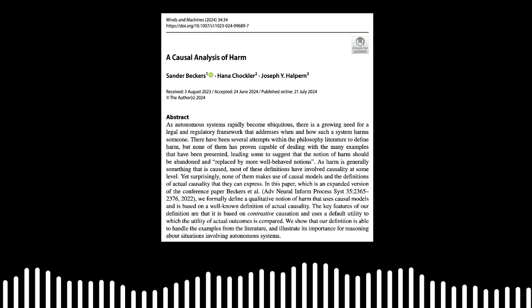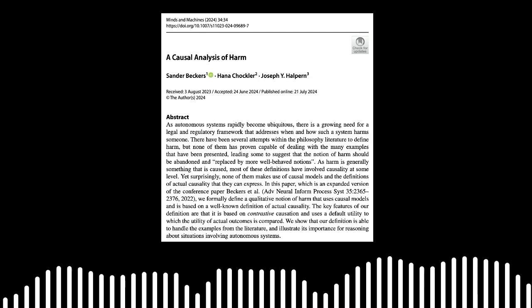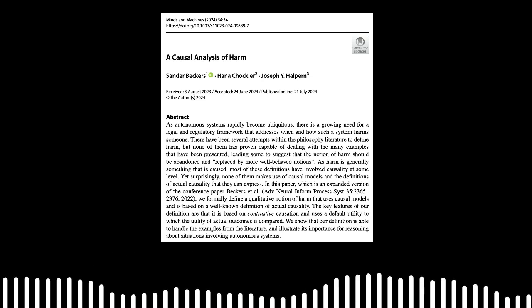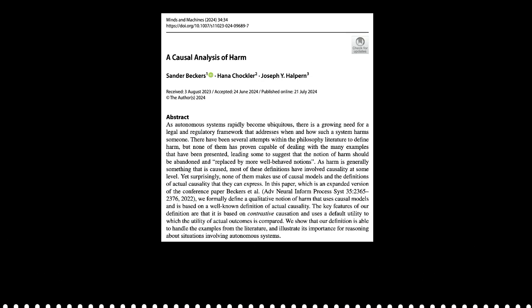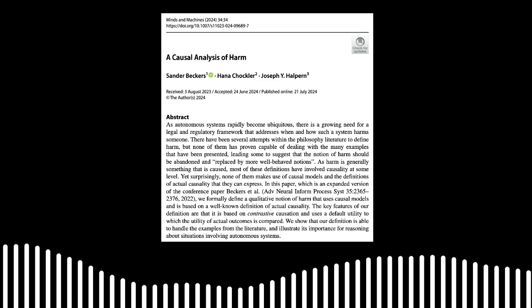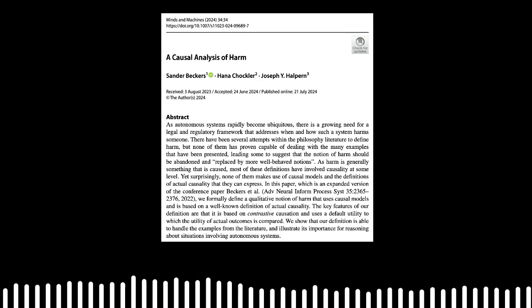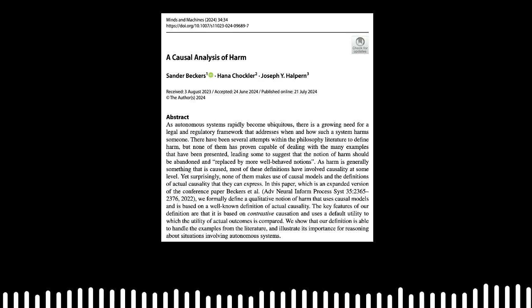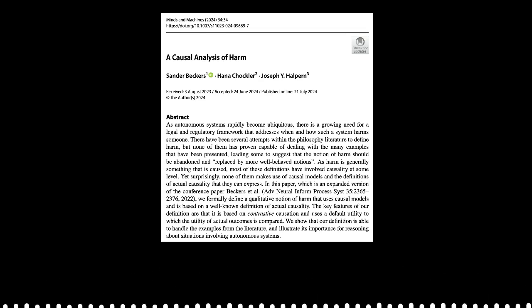So how does this new definition with its fancy causal models and a default utility help us make a more sensible judgment? Well, by forcing us to ask what level of well-being Robin is actually entitled to in this situation. Did he have a legitimate expectation of receiving those golf clubs? I see what you're getting at.